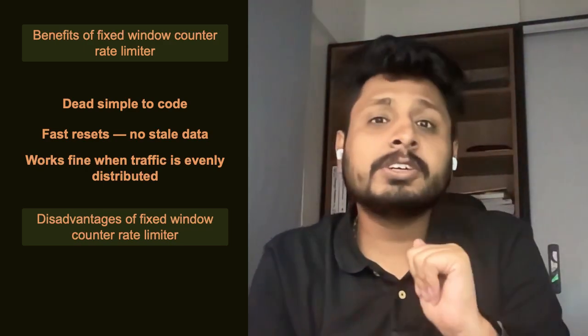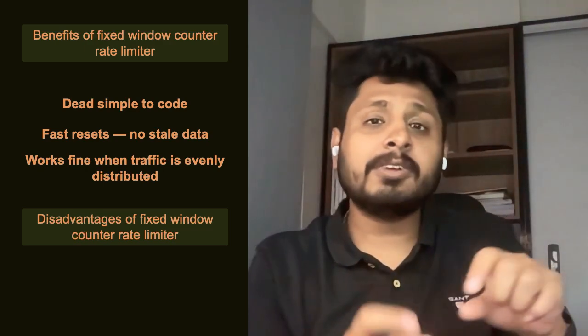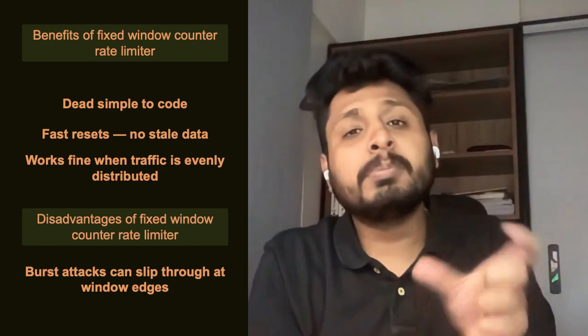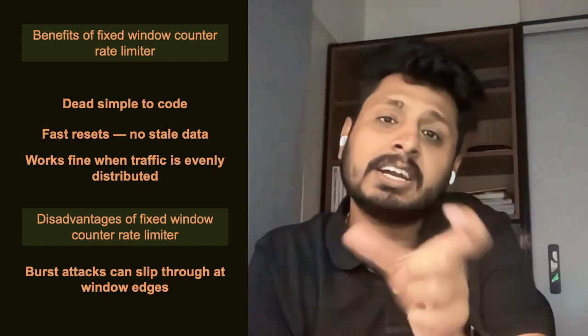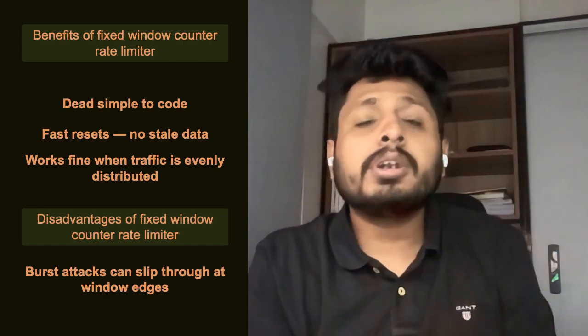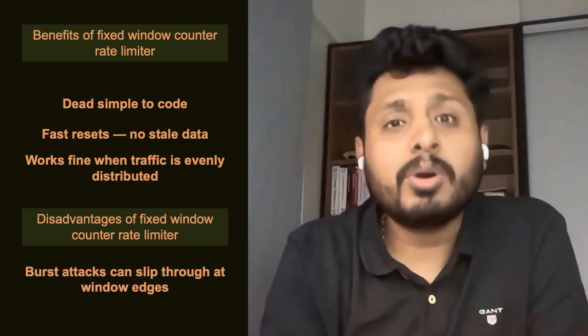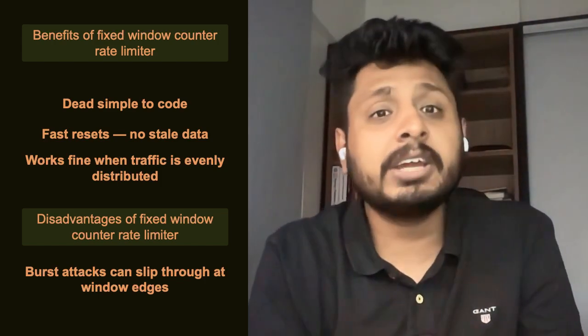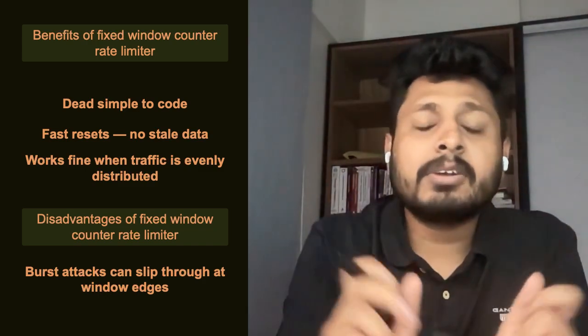The con of this mechanism is that if your traffic is not distributed evenly and you get a burst of traffic at the end and starting of the interval, you tend to serve more requests, or probably at least double the number of requests, just like we saw that we gave 20 interviews in that window.